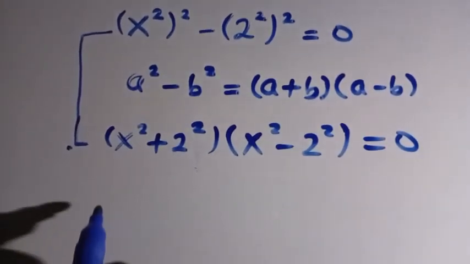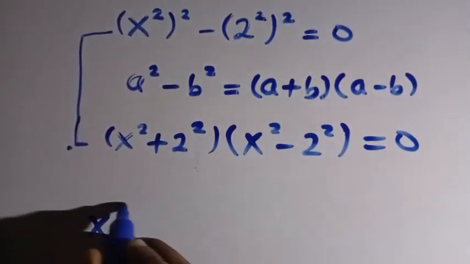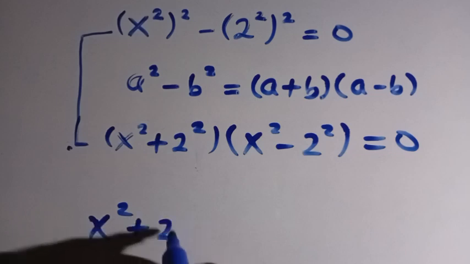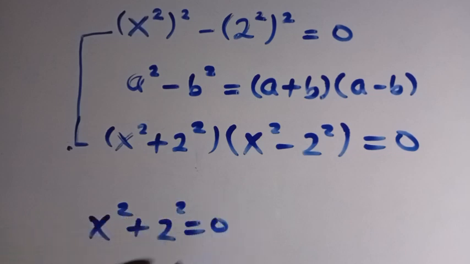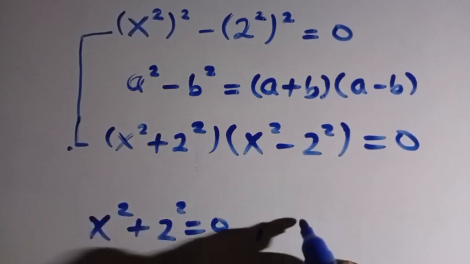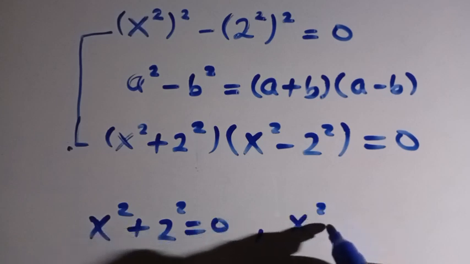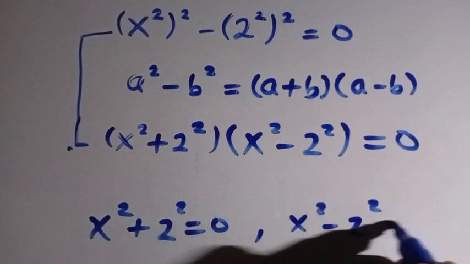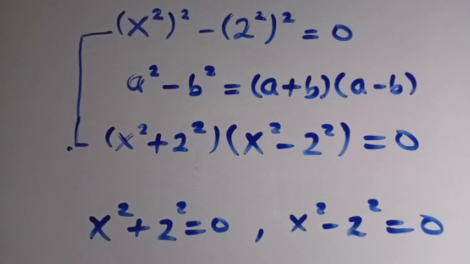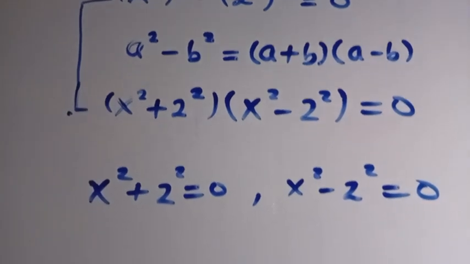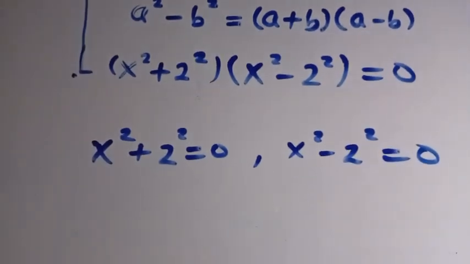Then we let x raised to the power 2 plus 2 raised to the power 2 equals 0, or we let x raised to the power 2 minus 2 raised to the power 2 equals 0. Since this is what we have here, we can get the value of x.